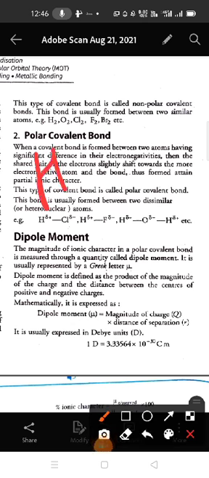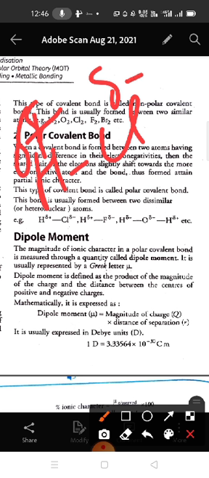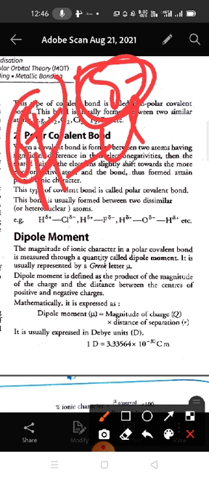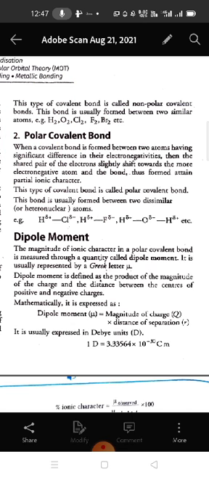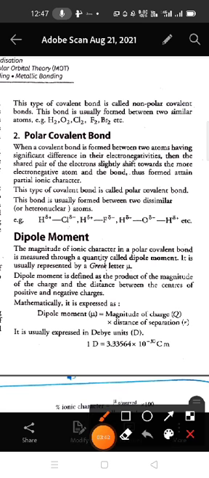For example, this is H and Cl, and we know that there is a positive charge and a negative charge. So the magnitude of these charges into the separation distance between these two elements, the product of the magnitude of charge and the separation distance, is called dipole moment.